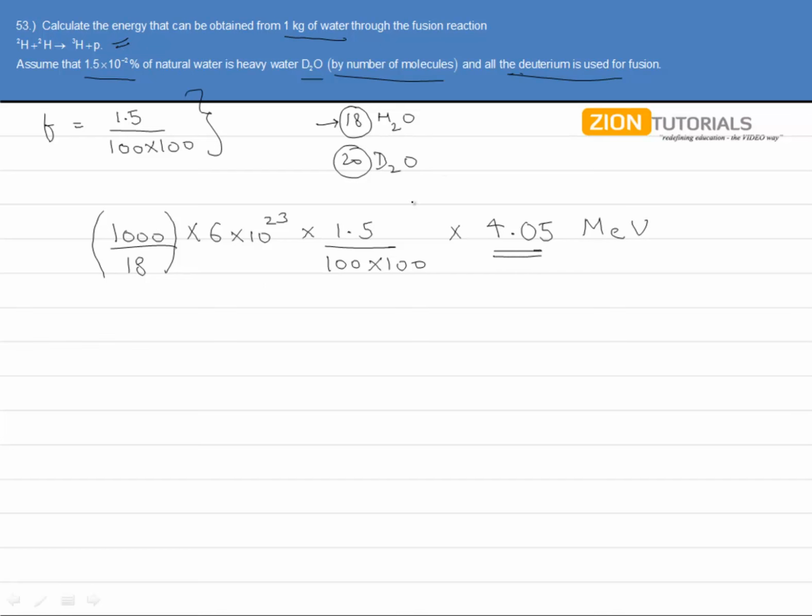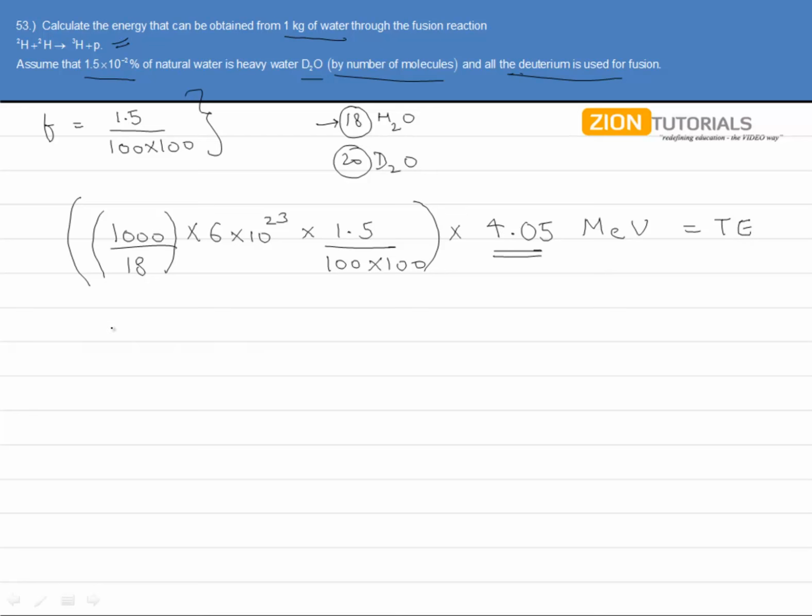So if we have the total number of reactions taking place, into the energy associated with each reaction, then we can have this as the total amount of energy. So this is actually the total energy in mega electron volts.